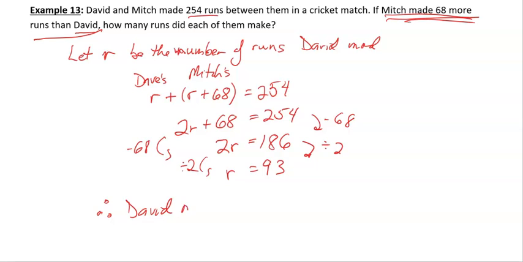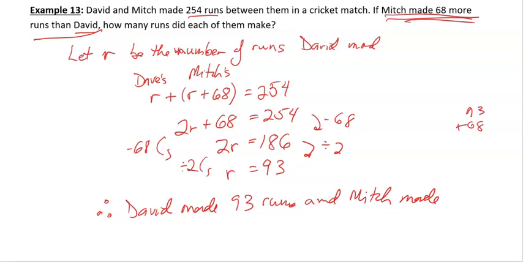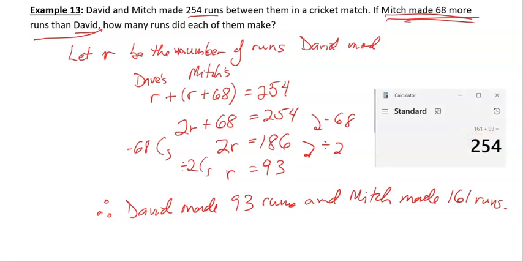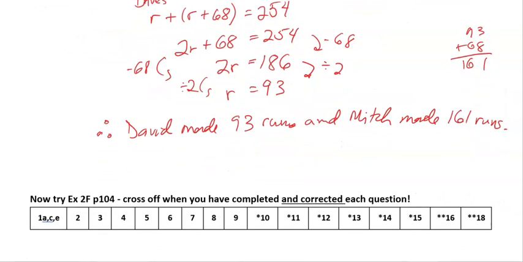David made 93 runs, and then we do a little bit of addition: Mitch made 93 plus 68, which is 161 runs. And just to be sure we got it right, we add them together with our calculator to make sure we come up with that magic total of 254, and I think you'll find it does.